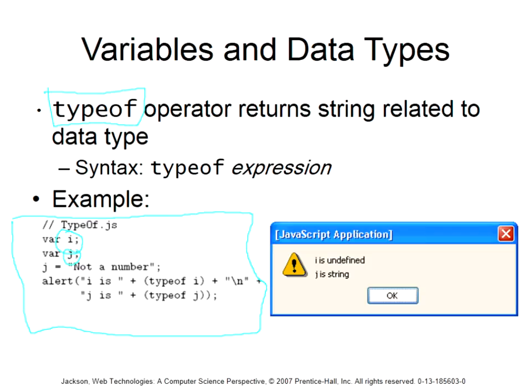So if we want to get the data type of i and the data type of j, we just write the typeof operator plus the name of the variable. For example, typeof i returns undefined.